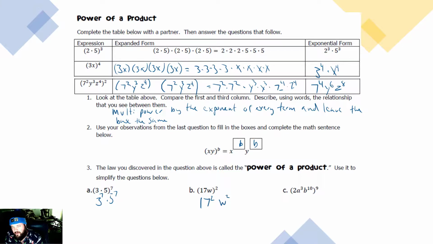Well, you're going to have 2 to the 9th, a to the 27th, and b to the 90th. Because you're multiplying this exponent times each power inside the parentheses.